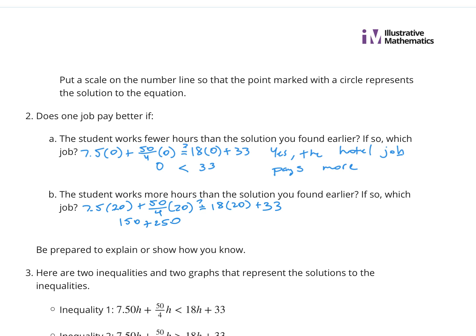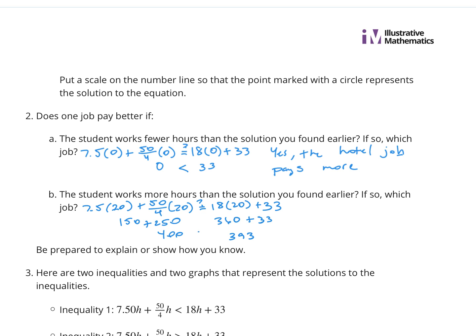So we can see at the restaurant job that they are going to make $400, whereas at the hotel job, 18 times 20 is 360. And then when we add that 33, we get 393.